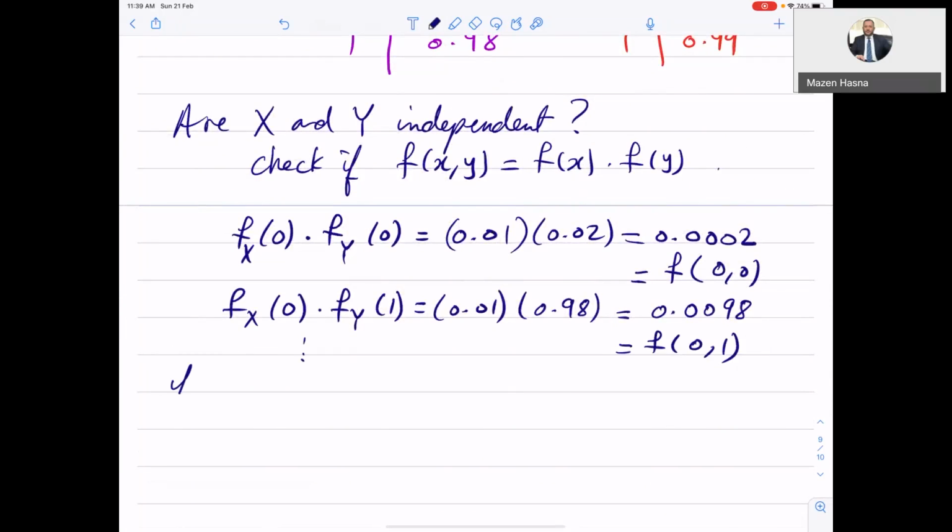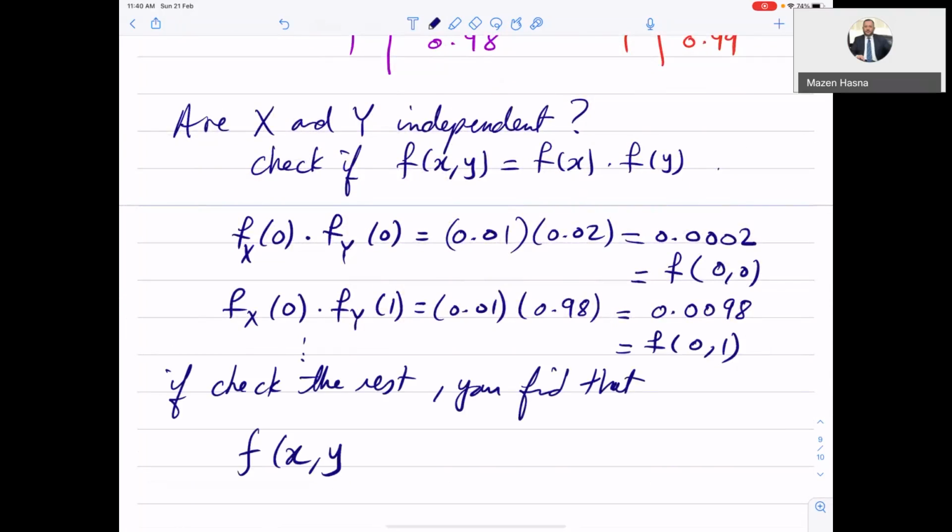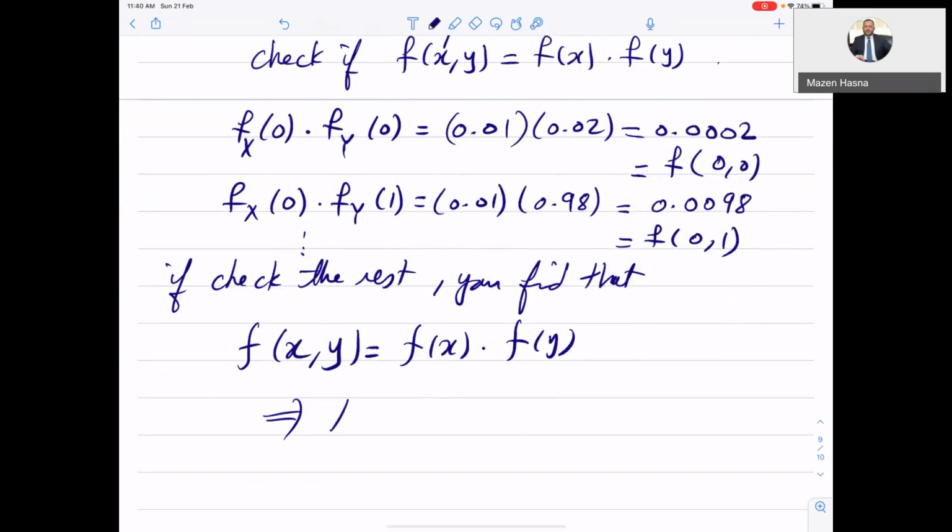If you check the rest, you find that f of x and y is just f of x times f of y, which means x and y are independent.